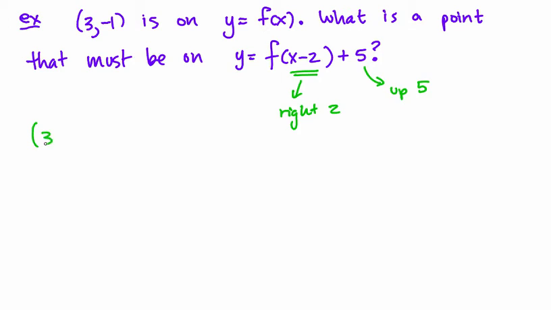So that means the point 3, negative 1 has gone right 2. That would take it to 5 in the x direction, and up 5 means that the negative 1 would now move up to positive 4. So therefore 5, 4 must be on that graph.